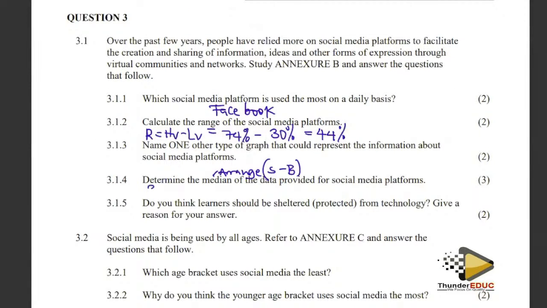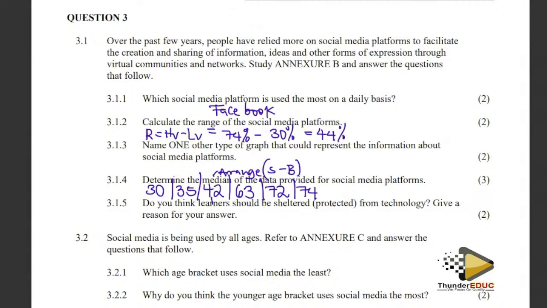So when you arrange, it's 30, 35, 42, 63, 72, 74. So these are 1, 2, 3, 4, 5, 6. These are 6 numbers.